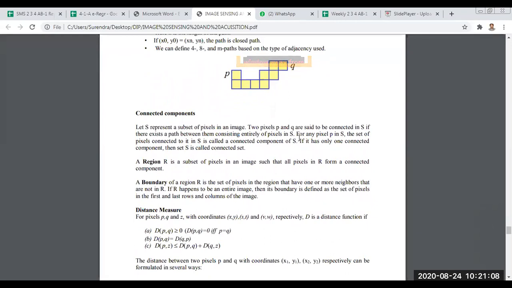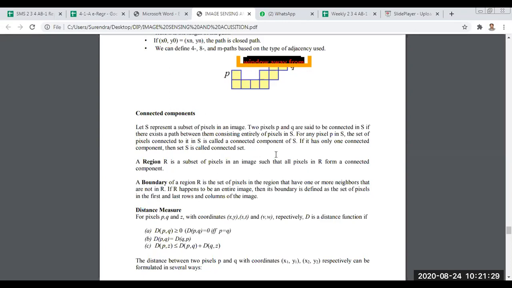Two pixel values P and Q are said to be connected in S if there exists a path between them consisting entirely of pixel values in S. So if you consider two pixel values, those two pixel values must be connected in the considered subset area. Otherwise, there is no connection, otherwise there is no region.